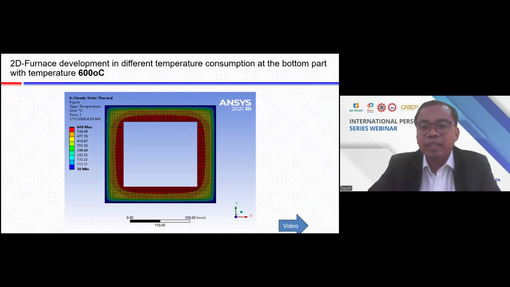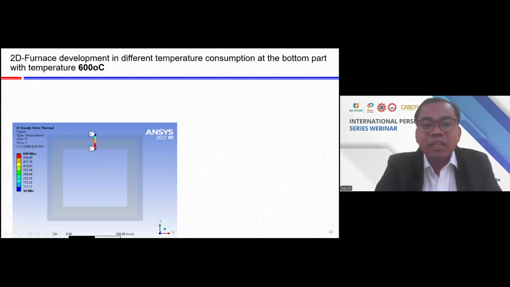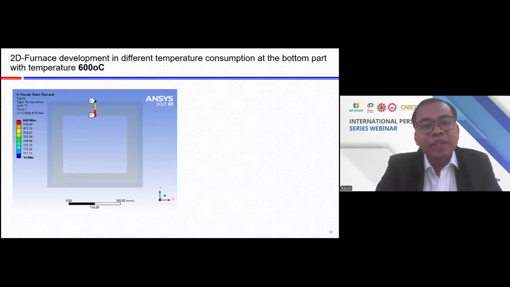Like I mentioned again and again, the heat will be transferred from the hot to the low temperature, and here it is easy to see the temperature profile, or temperature path.